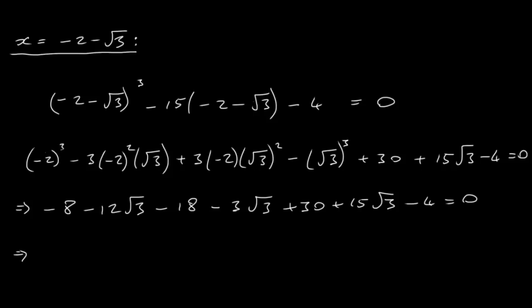Well, we'll do the numbers first and see what we get. We've got minus 8, minus 18, plus 30, minus 4, and that all equals 0. And here we have minus 12 root 3, minus 3 root 3, that's minus 15 root 3, plus 15 root 3, so that gives us 0 is equal to 0, so that one works as well.